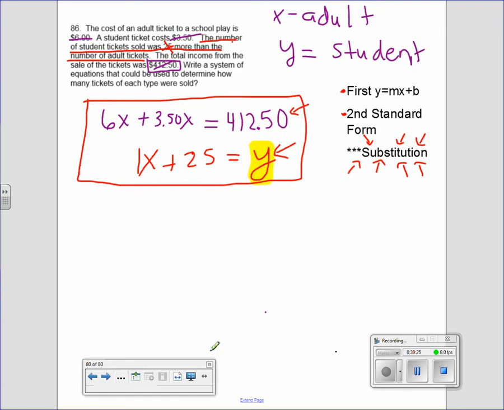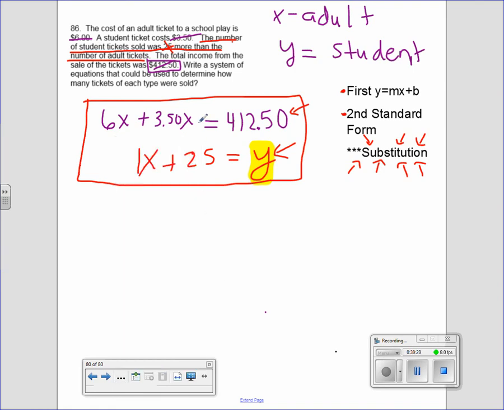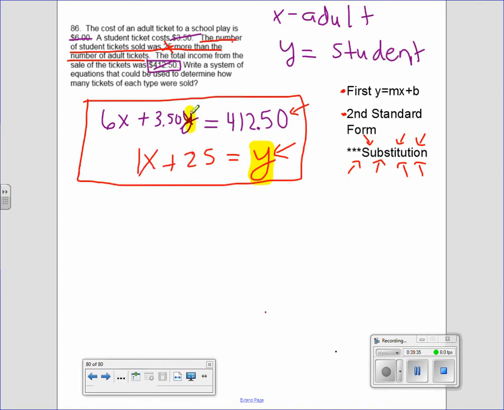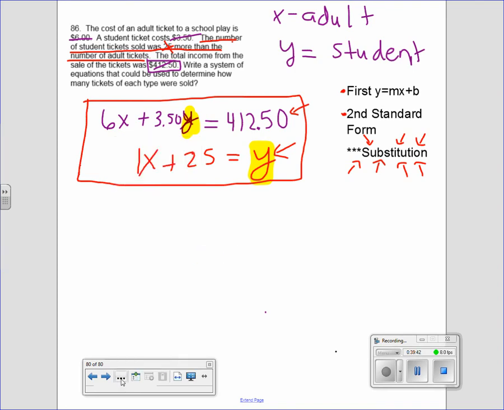Now I'm going to highlight that same letter in the other equation, y. What's going to happen is this y is going to be gone because it's going to be substituted. That y is going to disappear and y's substitute is going to come in.